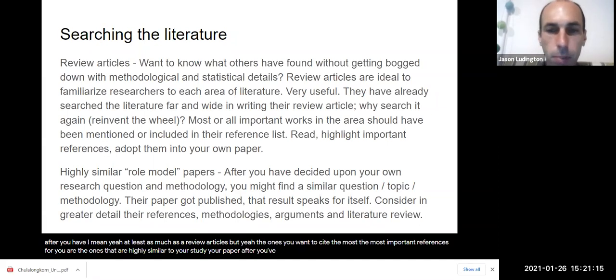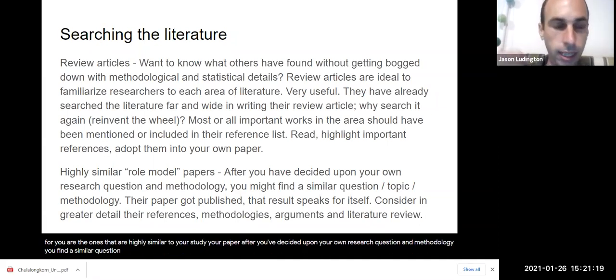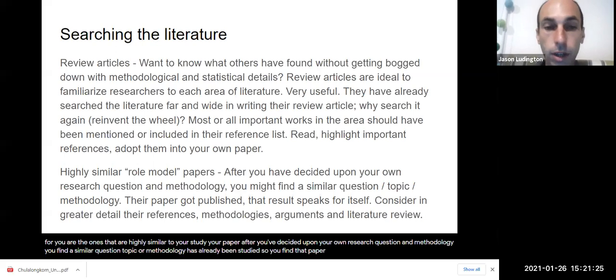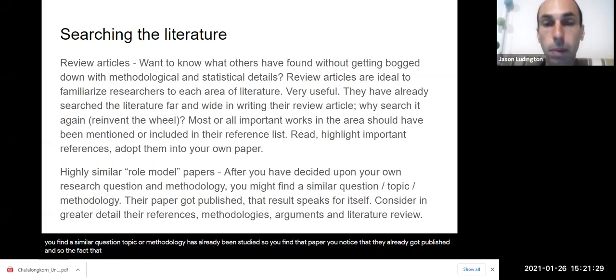After you've decided upon your own research question and methodology, you find a similar question, topic, or methodology has already been studied. So you find that paper, you notice that they already got published. And so the fact that it's published already speaks for itself. It shows that this topic and this question has high interestingness, that it's relevant, and that it's publishable.